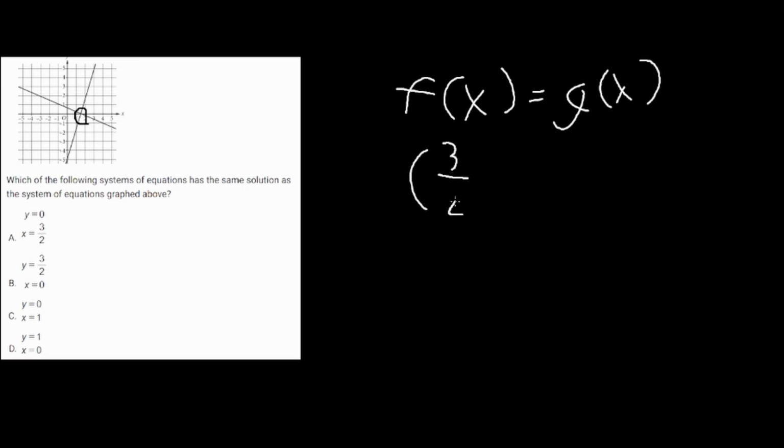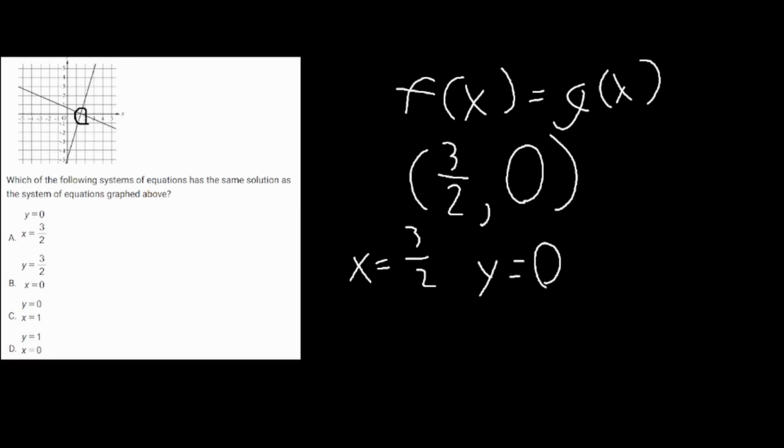And the y value, because it's on the x-axis, is 0. Now, the way that they wrote the answers out isn't in this point form, but it's basically saying the same information. So we can also translate this to x equals 3/2 and y equals 0, which, when looking at our answer choices, is choice A.